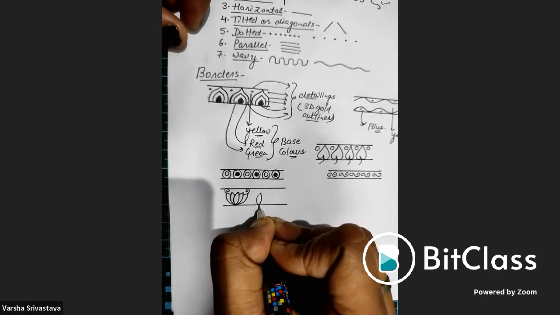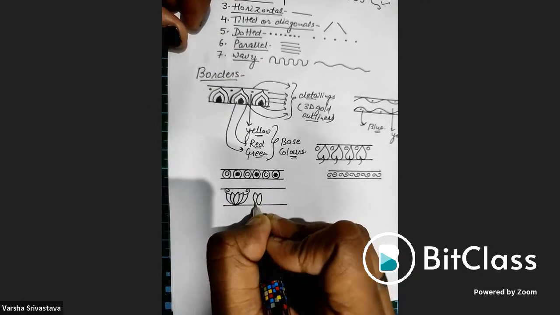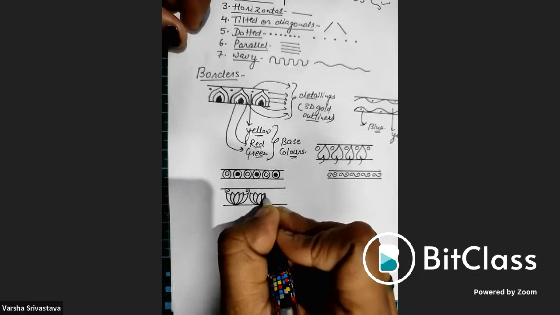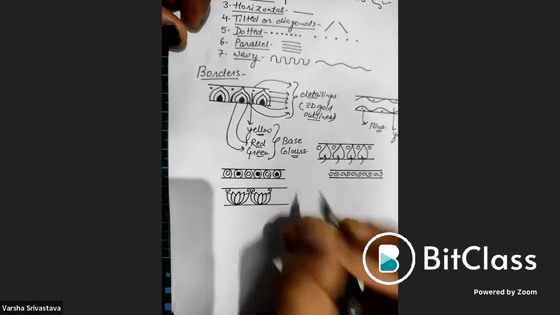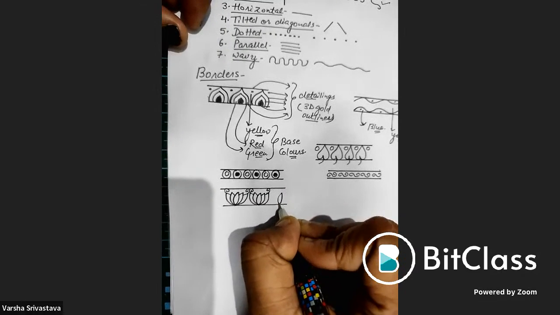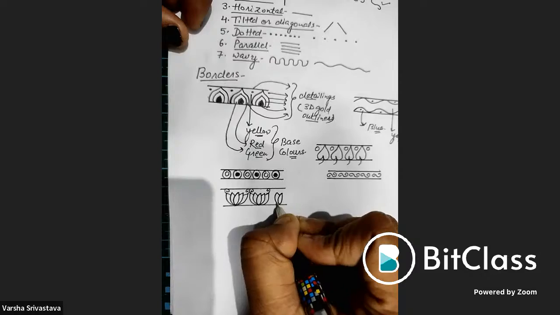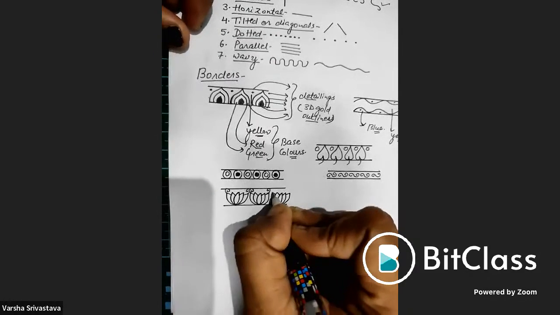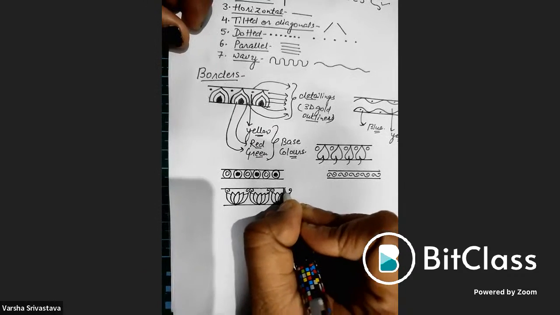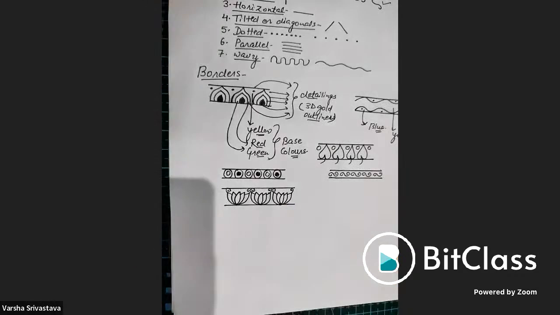Similarly, one petal, two petals each side and the spirals. Again, one petal, two petals each side and the spiral like this. Okay, so these are the lotuses.